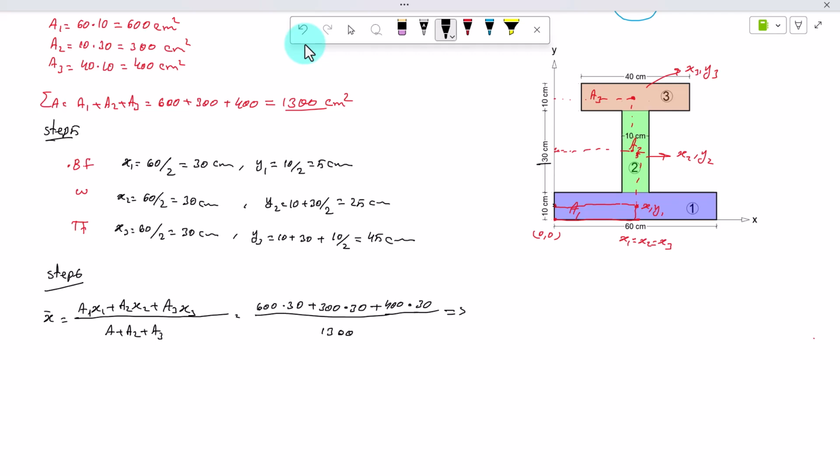Finally, if we calculate here, we can find x bar is 30 centimeters.